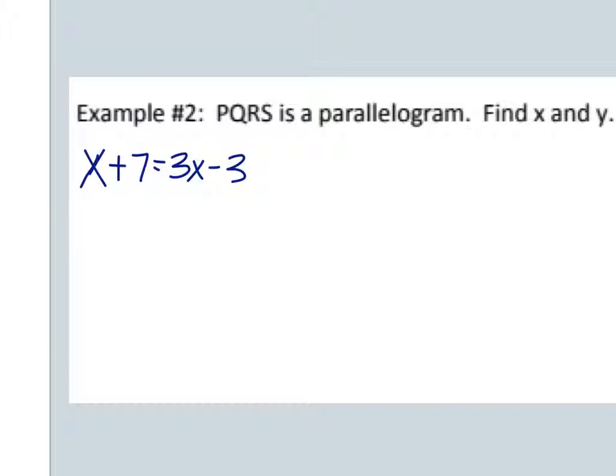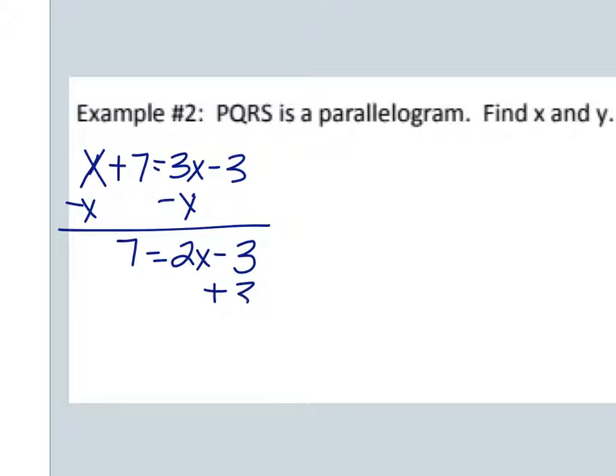Okay, so ladies and gentlemen, let's solve for X. We can subtract X from both sides, and then we add 3 to both sides. Okay, so I get 10 equals 2X. What does X equal? 5. X equals 5.